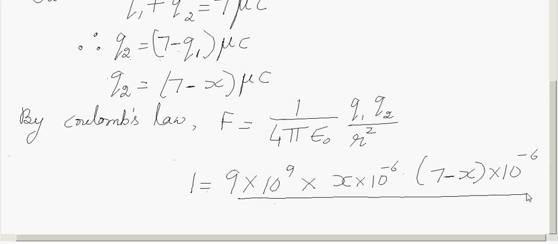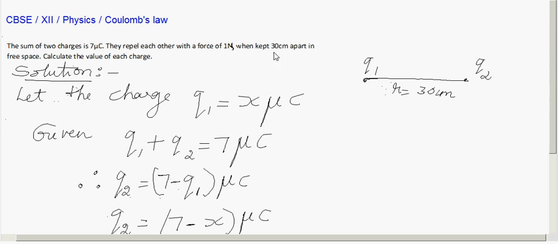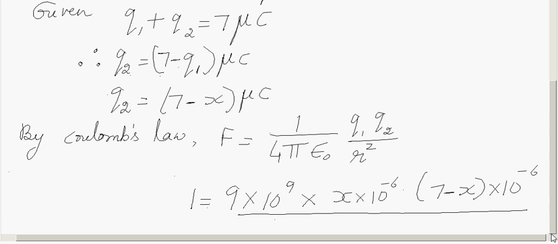R is given as 30 centimeter. Go back to the problem and see R is 30 centimeter. Convert centimeter to meters. So we will get 30 into 10 to the power minus 2. It is 0.3 square, or 30 into 10 to the power minus 2 square.